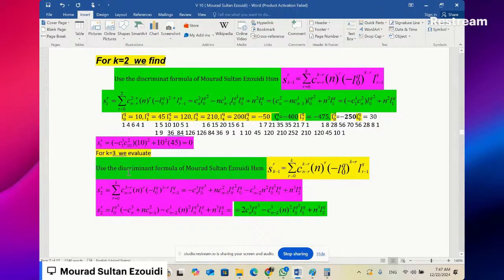So this is the formula: S subscript k minus 1 over r equals the sum from 0 to k of combination n minus r choose k minus r, raised to the power r, times (negative L0 over q) raised to the power k minus r times L subscript r minus 1 over q.